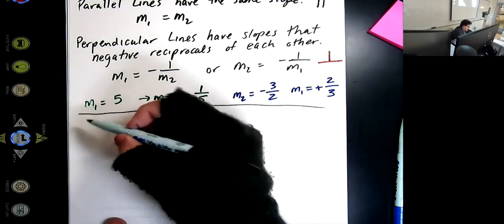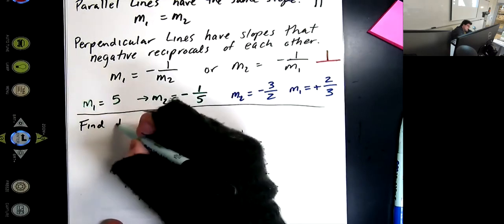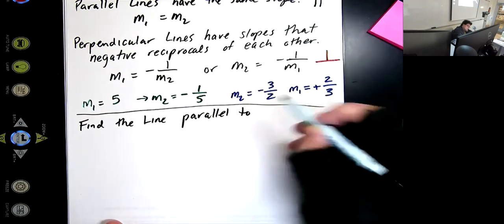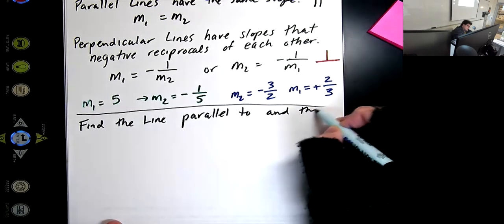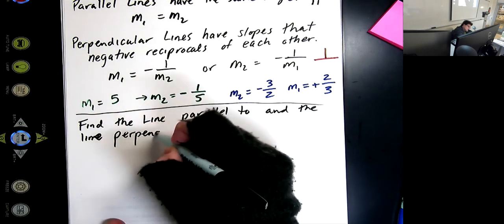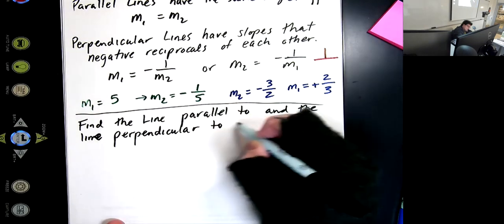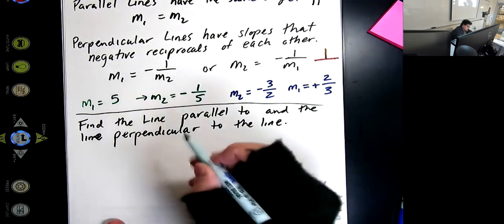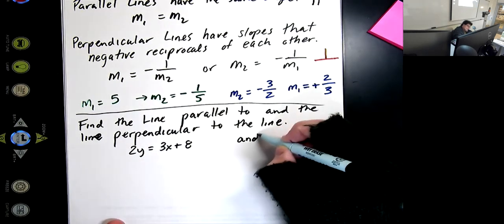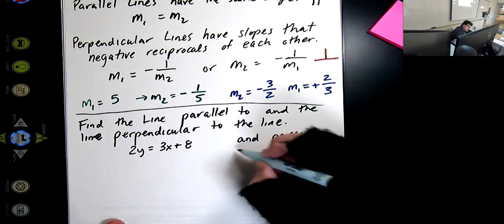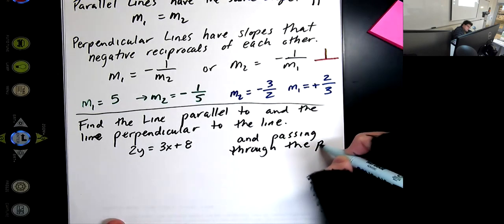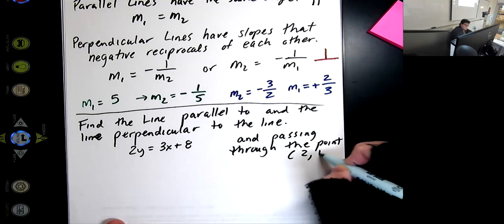so we are going to find the line parallel to and the line perpendicular to the line 2y equals 3x plus 8 and passing through the point 2, 1.